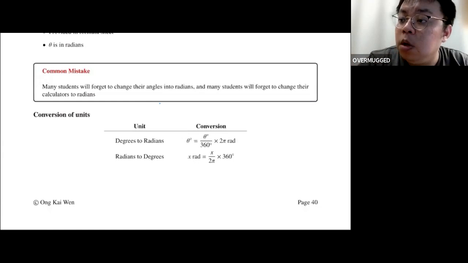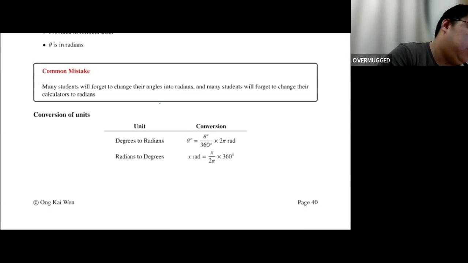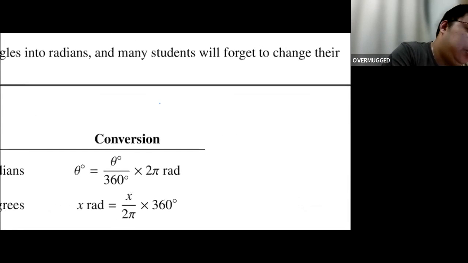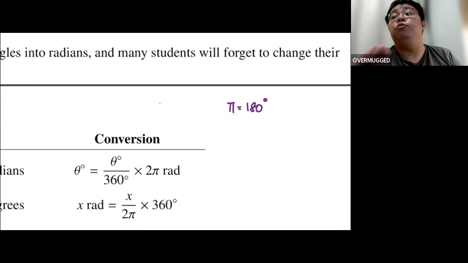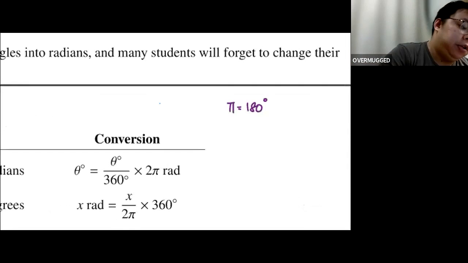Okay. I don't understand why degree to radian gives you that formula. The very simple reason is this. I don't want to go too much into detail on this, but pi equals 180. So you're basically finding the ratio that gives you the answer in terms of pi. Let me give you a very simple example.